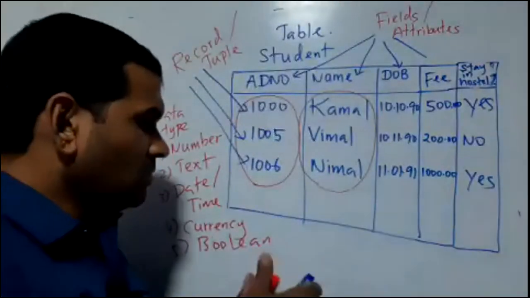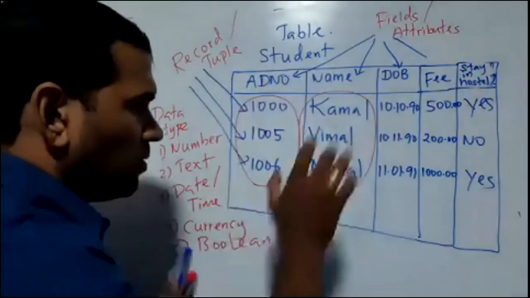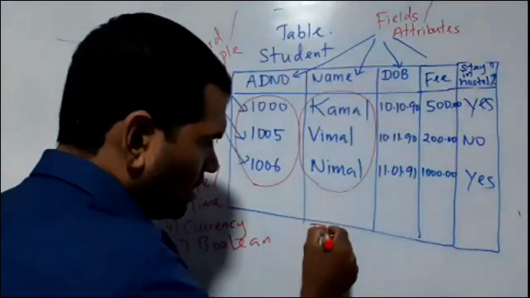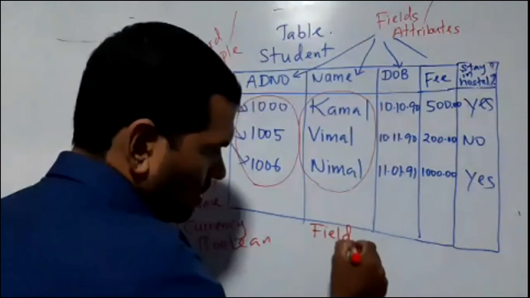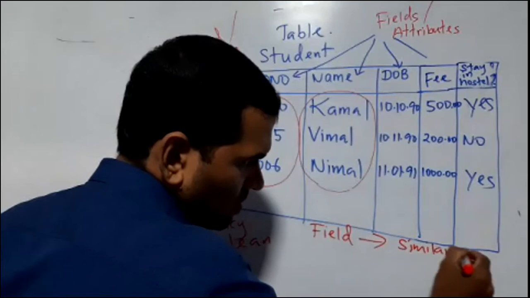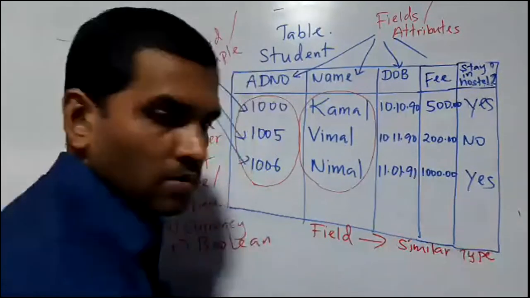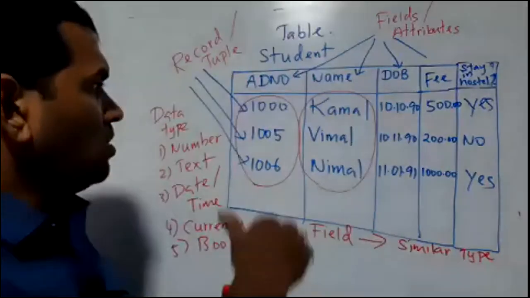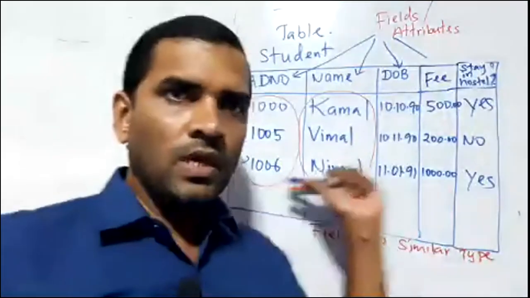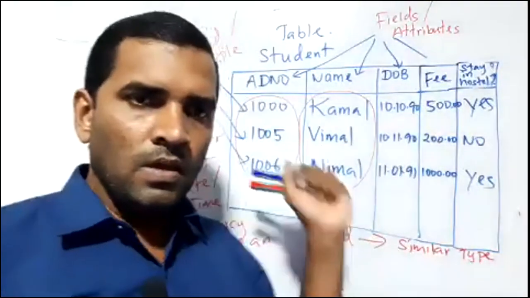So now think about the row. We take an important conclusion: a field has data in similar type. Now look at the first row, which means the first record.